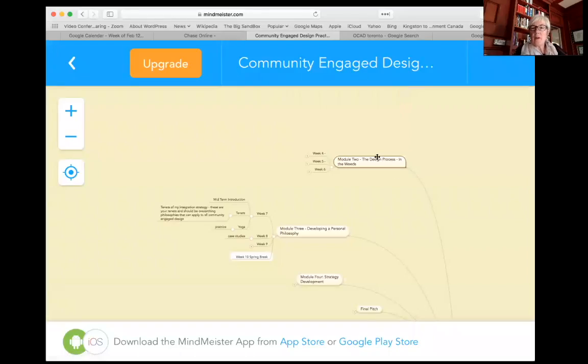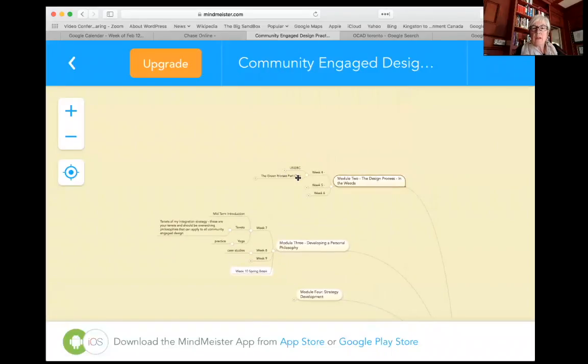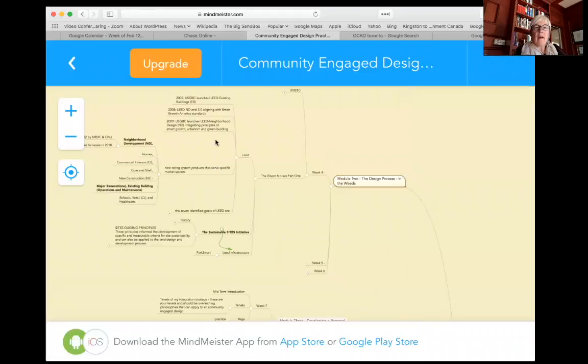So we'll take a look at where we have been. Week 4, looking at the U.S. Green Building Council, the beginning of the green morass, really going through all these different components: sustainable sites, LEED, neighborhood development, some of what we consider traditional.